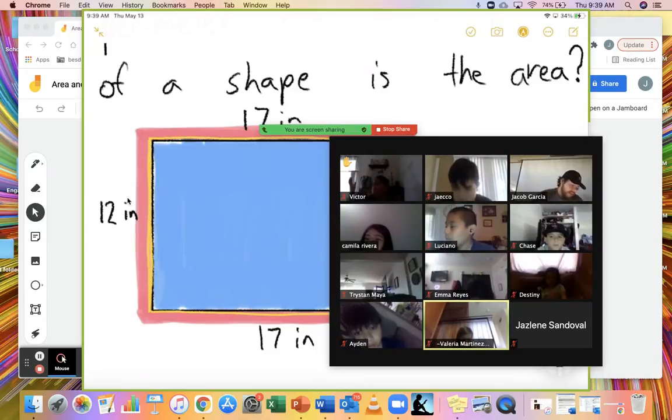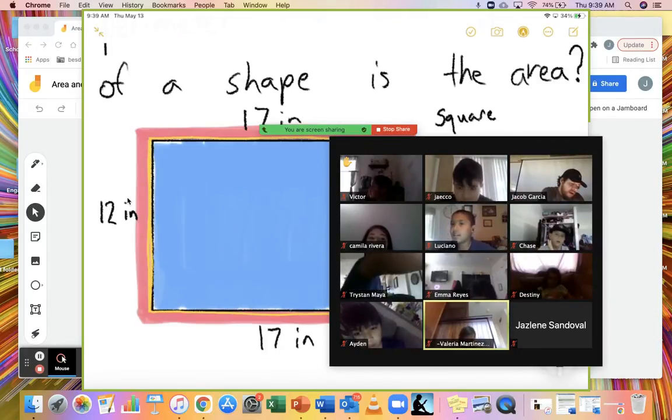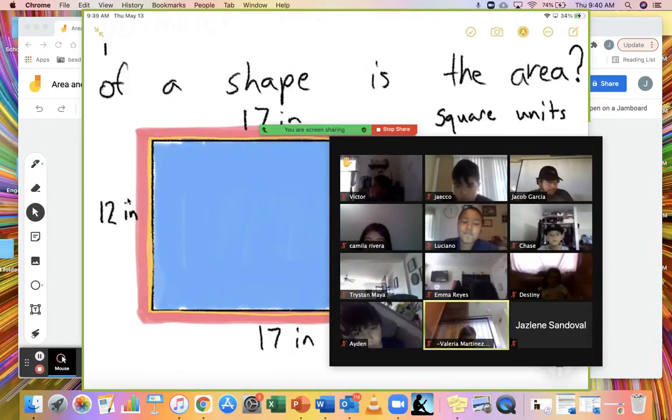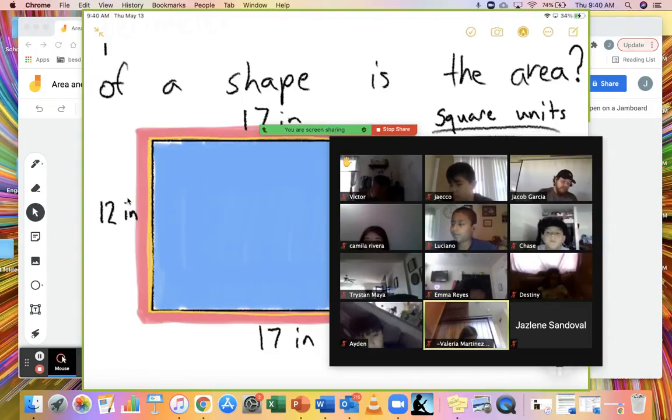Yeah, you're correct. For this one, we would be using square inches. We measure the inside with little squares. In general, just overall, we call those square units. Square units. Good.